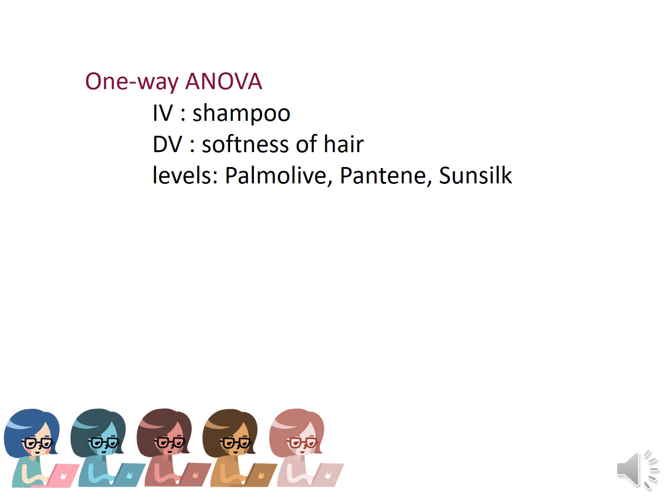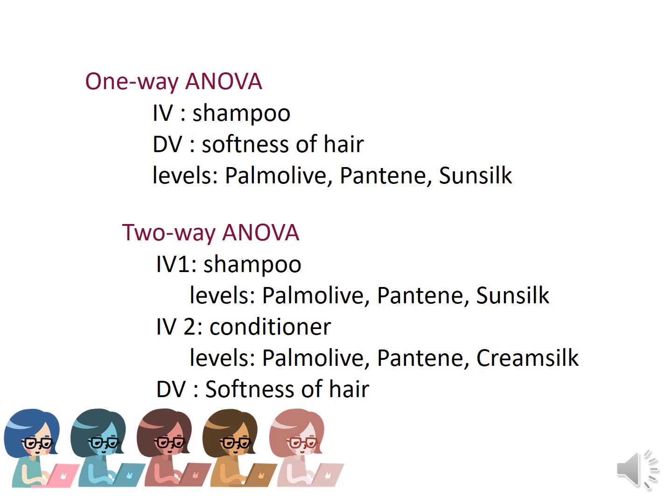For two-way ANOVA, we now have two sources of variation: IV number 1 is shampoo, and IV number 2 is conditioner. Still, our dependent variable would be the softness of hair.